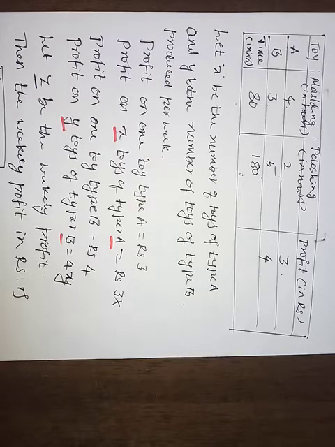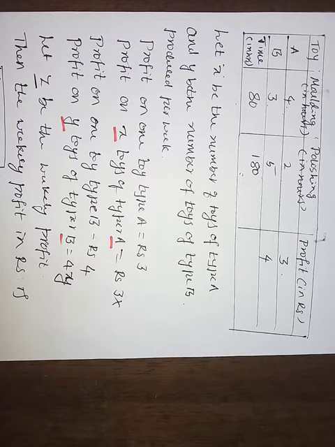Next, we consider Z. Z represents the weekly profit, and for weekly profit we need toy A and toy B. That can be represented in the form Z equal to 3x plus 4y.